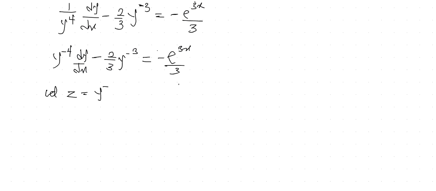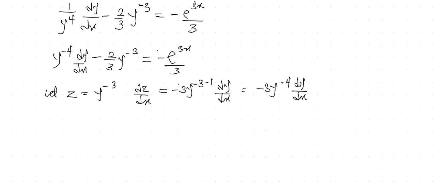In so doing, dz/dx will be equal to minus 3 y raised to the power of minus 3 minus 1 dy/dx, which is minus 3 y raised to the power of minus 4 dy/dx. Let's call this equation 1 and this equation 2.